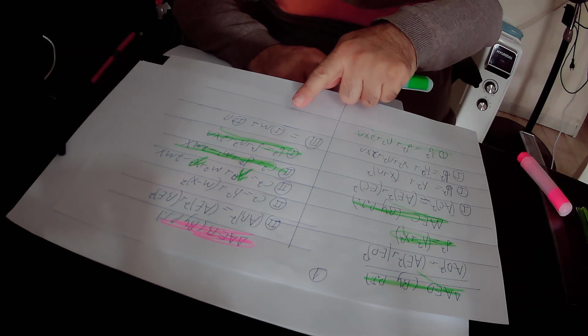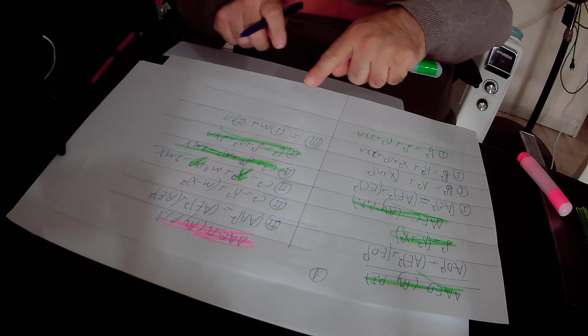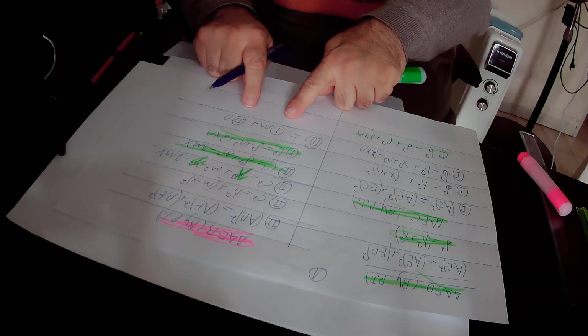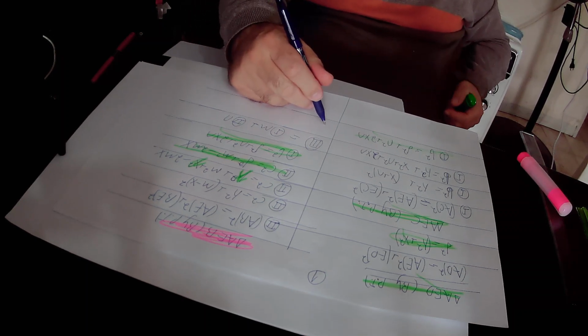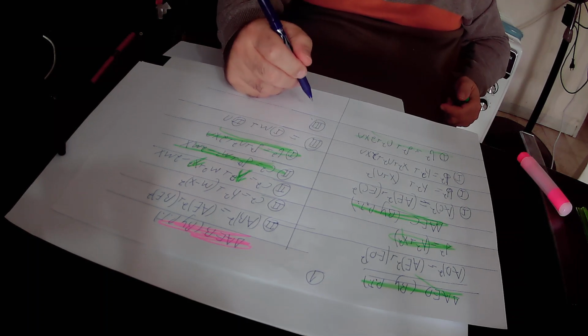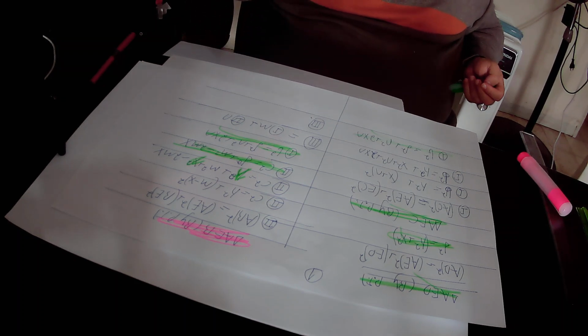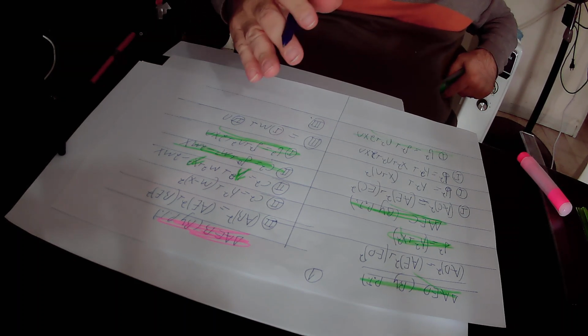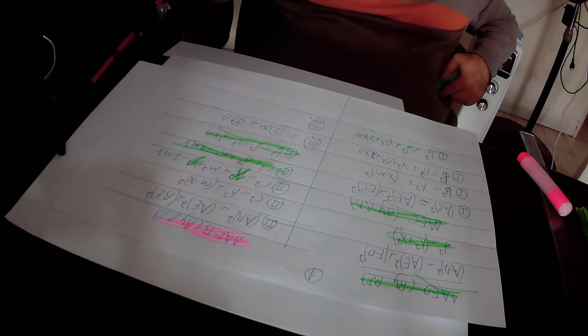Okay, so we'll do it in 2 steps. First of all, we'll multiply on the right side of equation number 1 and 2, and then we'll multiply the left side.